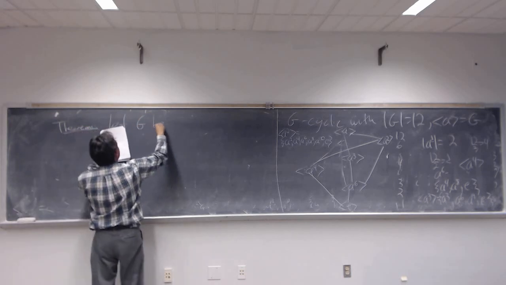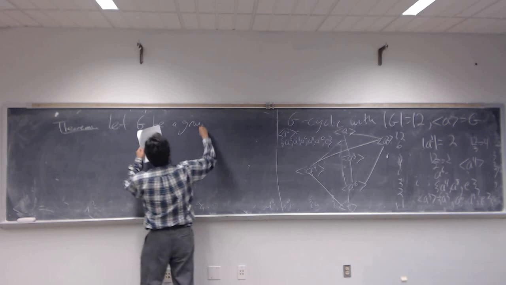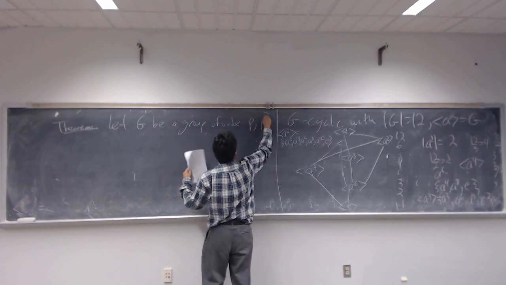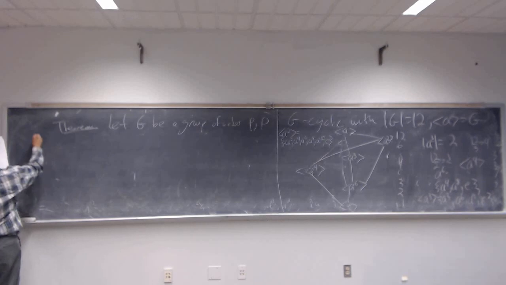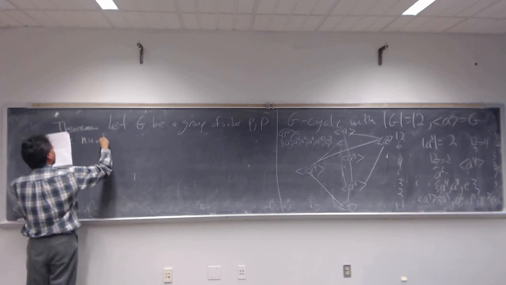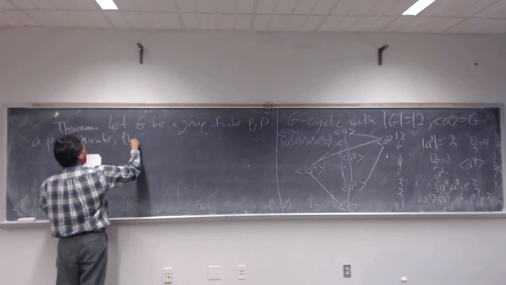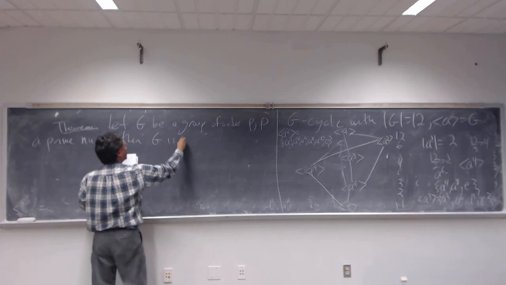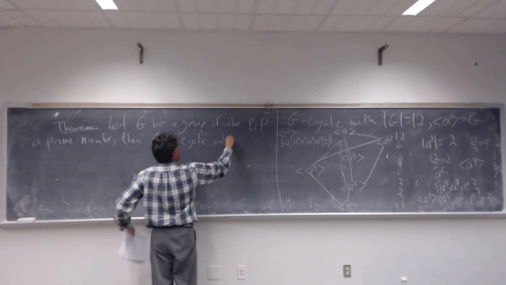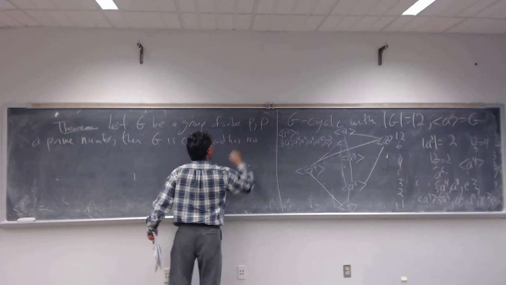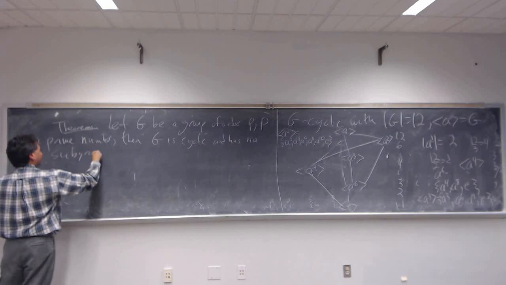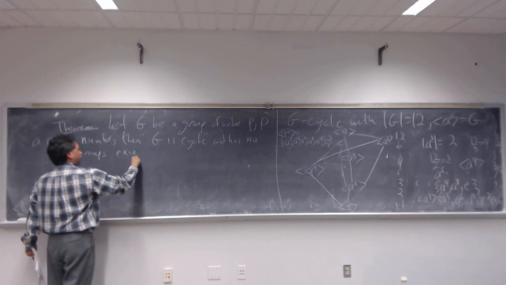Theorem: let G be a group of order P, P a prime number. Then G is cyclic and has no non-trivial subgroups, no subgroups except for what?